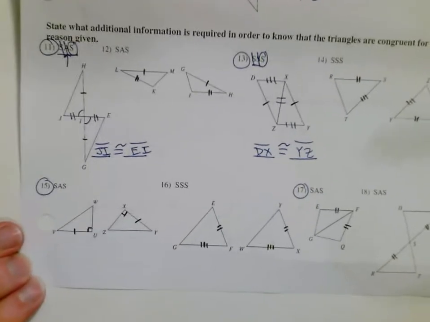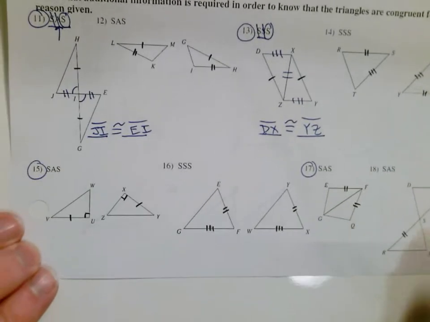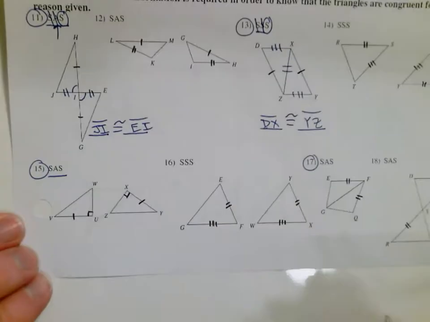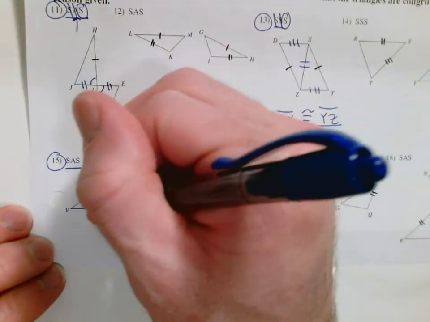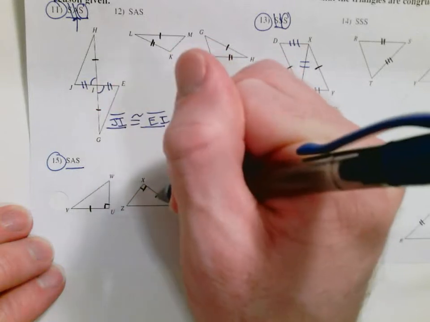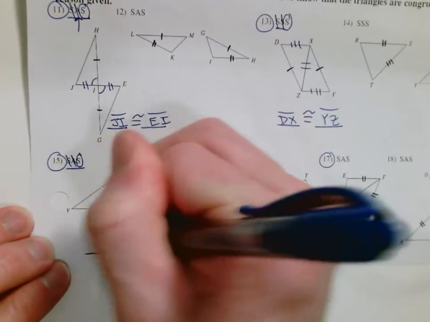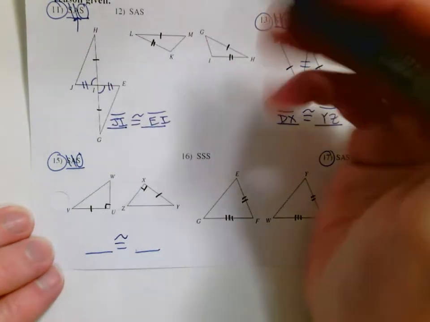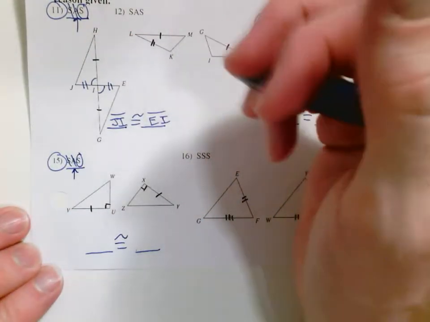Let's take a look at number 15. Let me try to zoom in just a touch. That's better. Looking at 15, we're supposed to use side, angle, side. I'm noticing that we already have a side and an angle congruent to a side and an angle. So that means that our one congruent statement is going to be in reference to a pair of sides, and it would be the pair that makes it so that the angle is included between the sides.